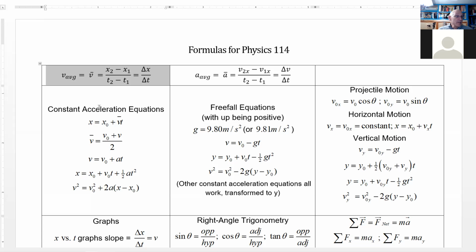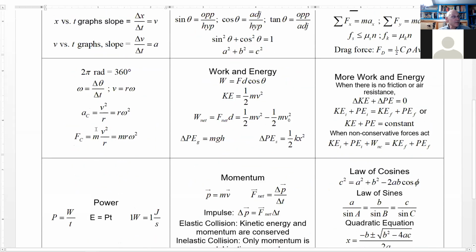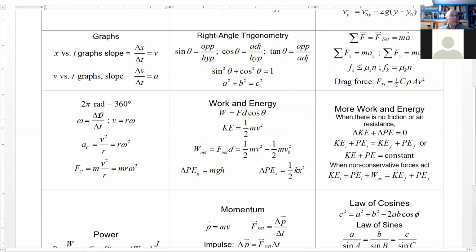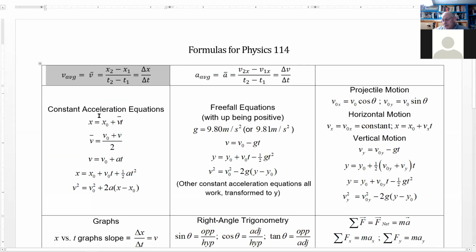When we have tests, you can print this off and use it for the test. Numbers that you might need on the test, like the acceleration due to gravity, I usually have in a little table at the start of the test, so you'd have it available as well. That's about all I can think to tell you about that at this point. As we go through the quarter, you'll become familiar with more.